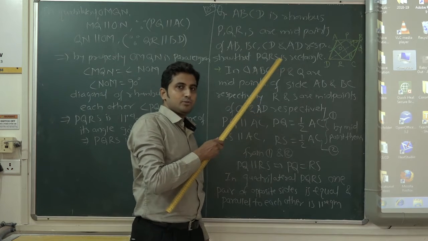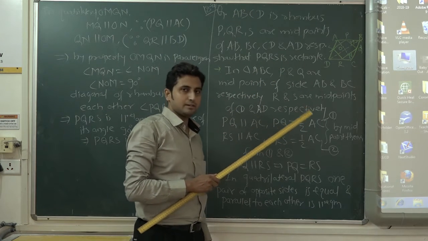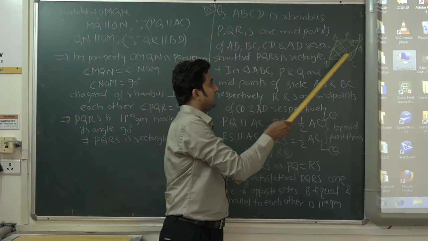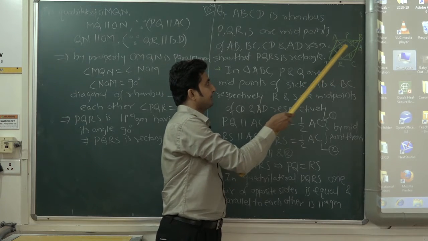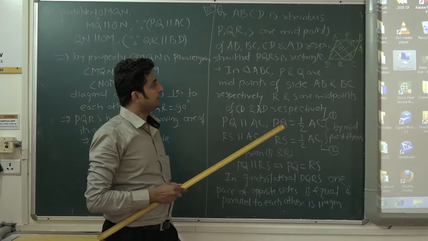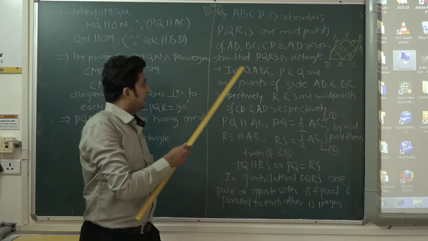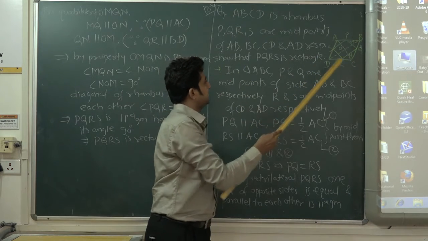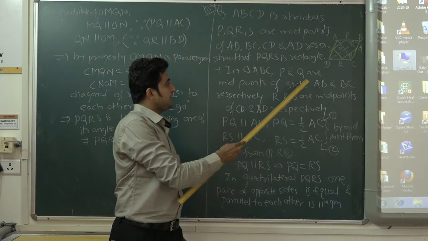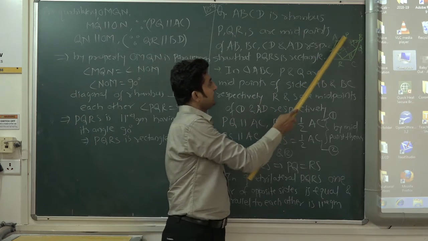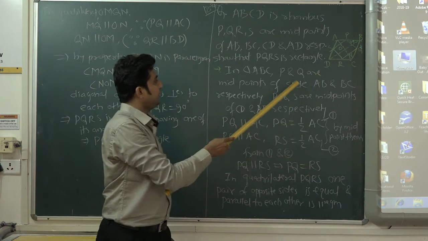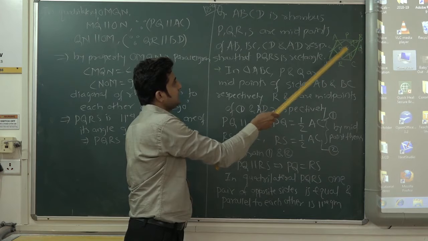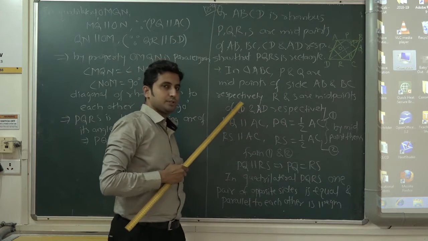To show PQRS as a rectangle, we have to make some construction. We join D to B and A to C, the diagonals. Now in triangle ABC, P and Q are the midpoints of sides AB and BC respectively.